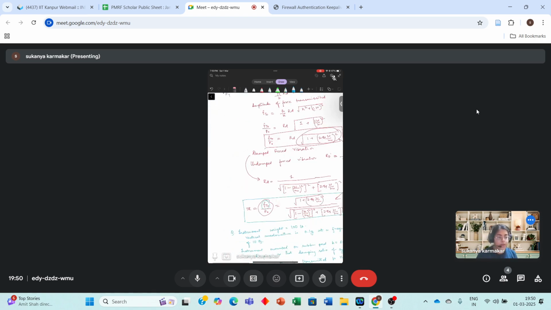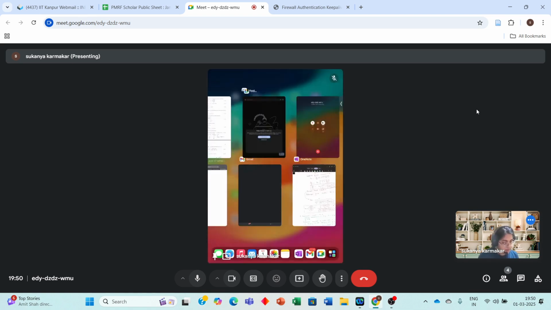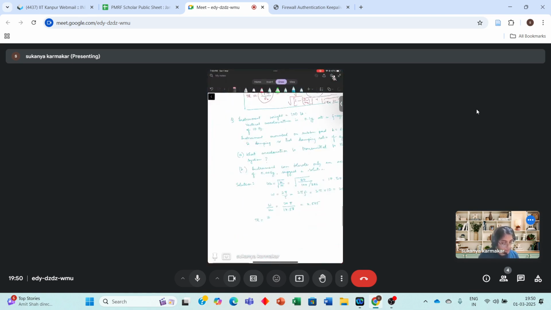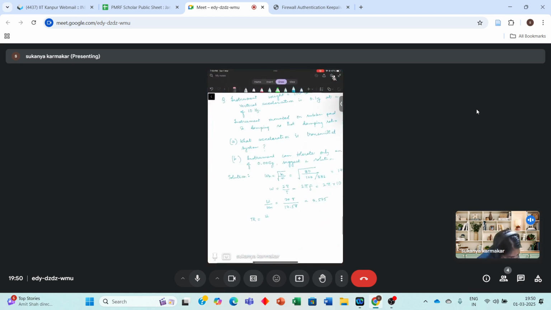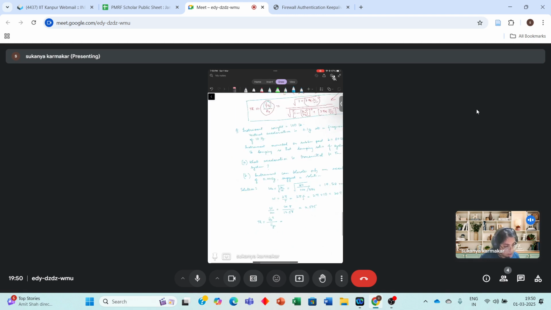So you're dividing by p naught, that is the amplitude of the force. Here similarly it will be the total acceleration that is being transmitted to that of the acceleration of the ground, and use the same expression.